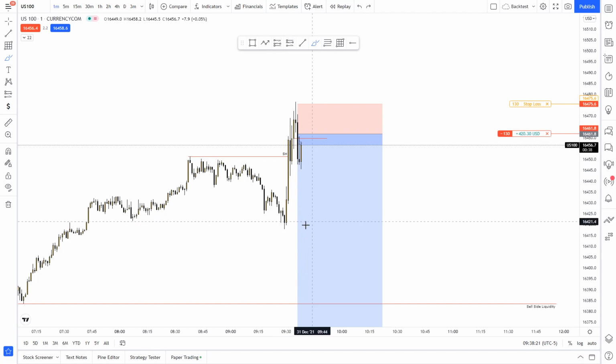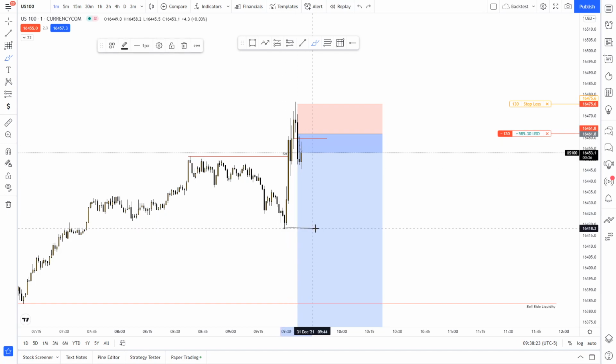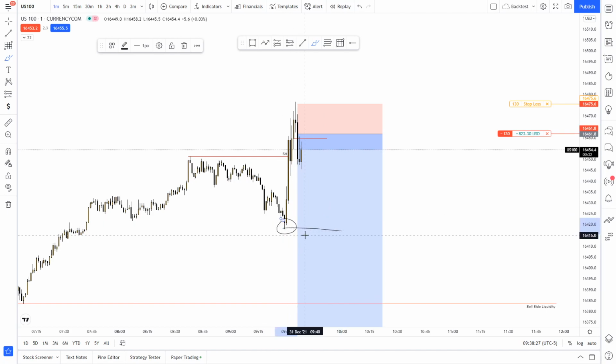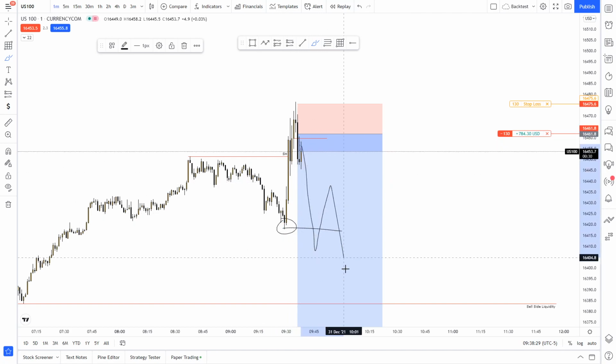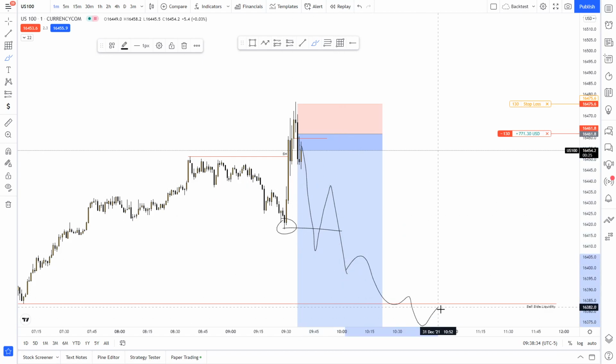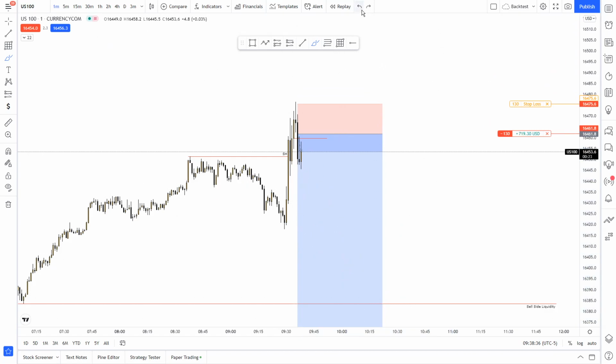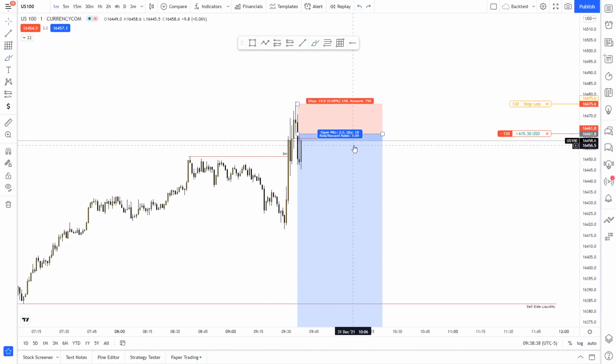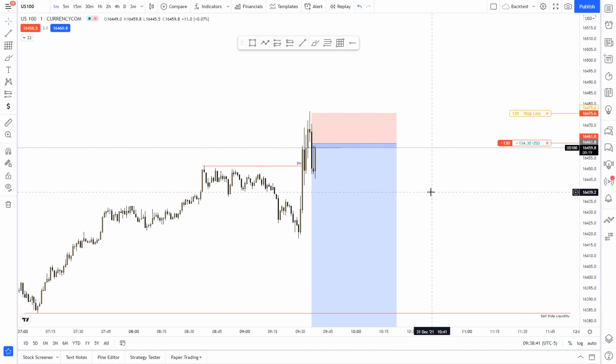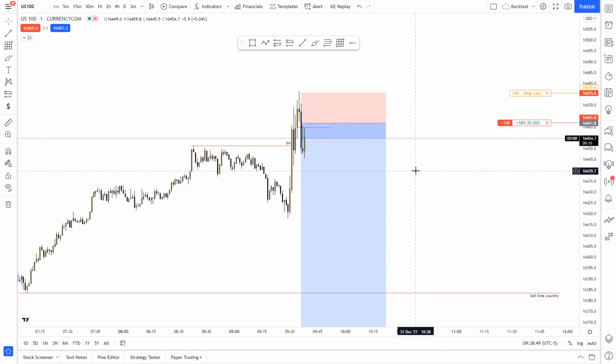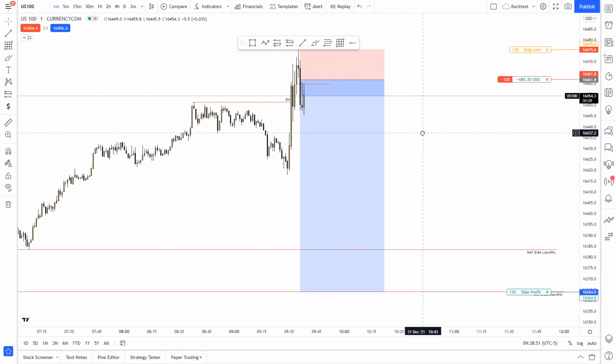What would be a high probable entry would be price breaking the swing low, coming up here and then retracing off an order block or an imbalance, and then for price to break down. That'll be a high probability entry. This entry is quite risky, so I would not completely recommend it unless you know what you're doing. So let's see what price wants to do.